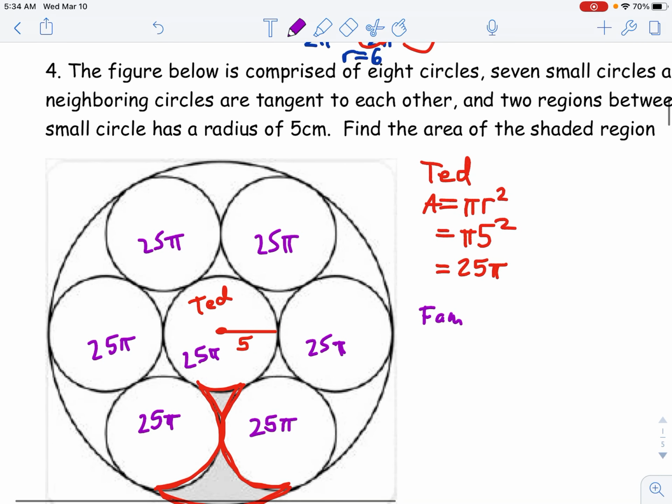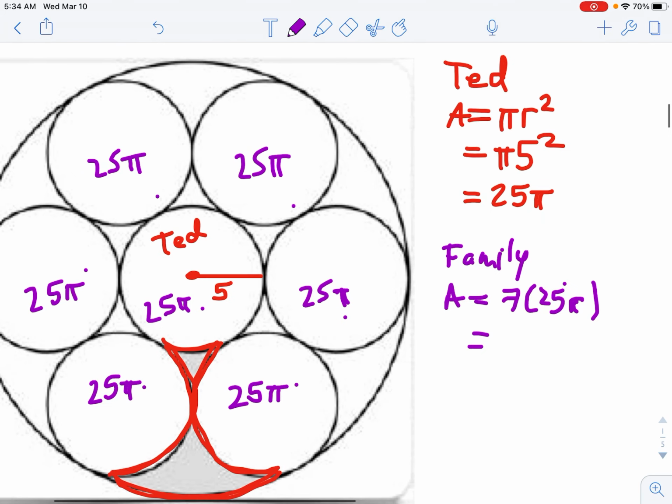So Ted's family, the area is, well, how many circles are there? 1, 2, 3, 4, 5, 6, 7. All right, there's 7 circles, so it's going to be 7 times 25 pi, which should be exactly 175 pi.